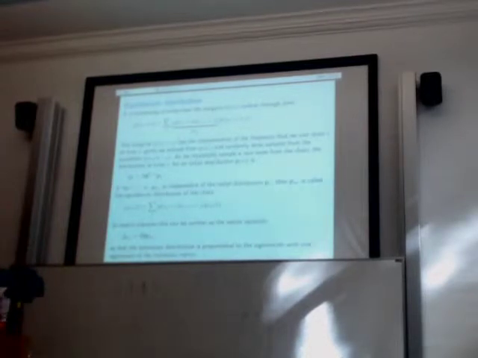So this means that we could write this probability transition as a matrix M. This is a 10 by 10 matrix, say for 10 rooms.